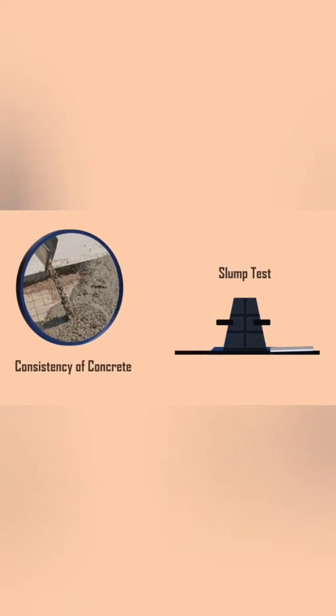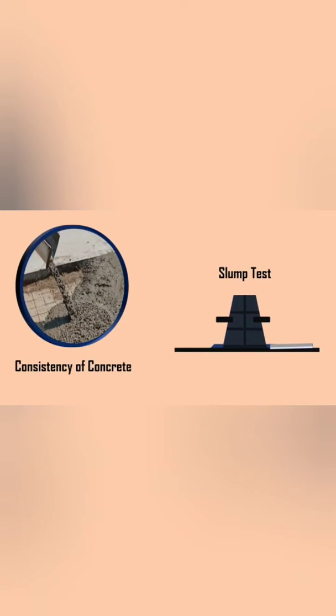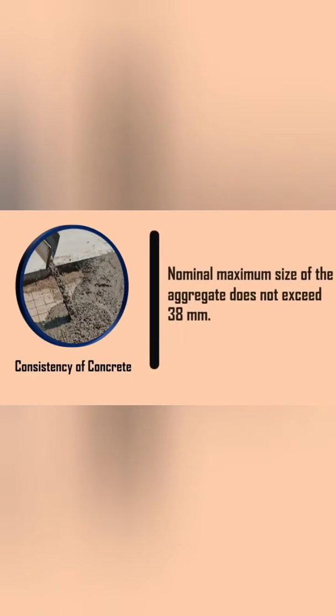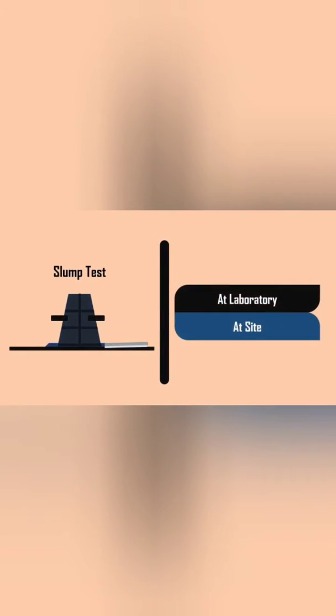The slump test is the most commonly used method of measuring the consistency of concrete where the nominal maximum size of the aggregate does not exceed 38 mm. This method can be employed either in the laboratory or at the site.